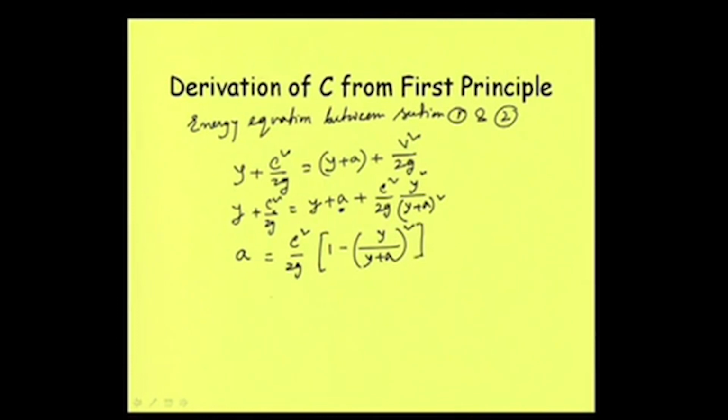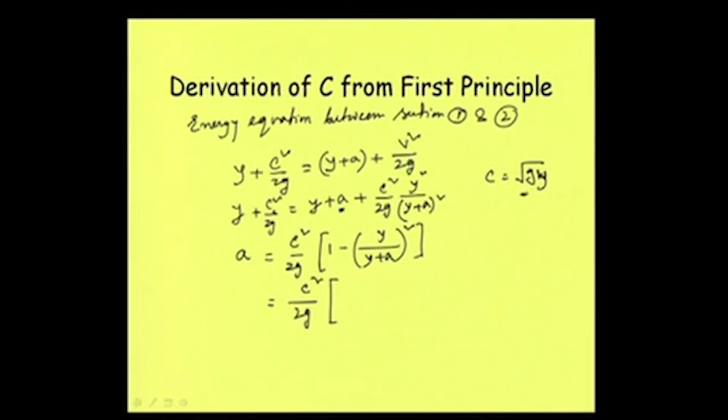Our intention is to see, because in the expression of c we do not have the a term, root over g y is what we got in the last class. So we are starting from first principles and trying to see if we can get this expression.